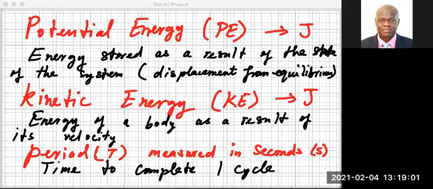So that is the period, the time it takes to leave from where it started all the way to the other end and back to where it started. For a pendulum, the same thing. If you pull a pendulum to the right and let it go, it will swing to the other extreme to the left and then come back to where it started. That is also one cycle. It's one complete to and fro motion.